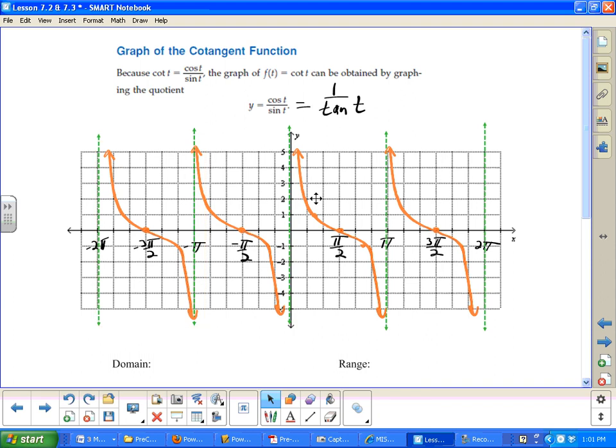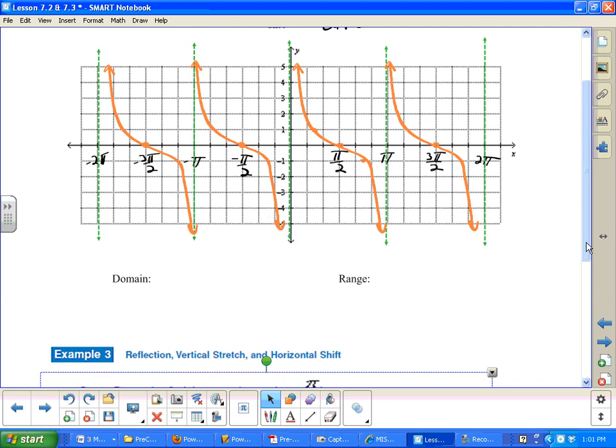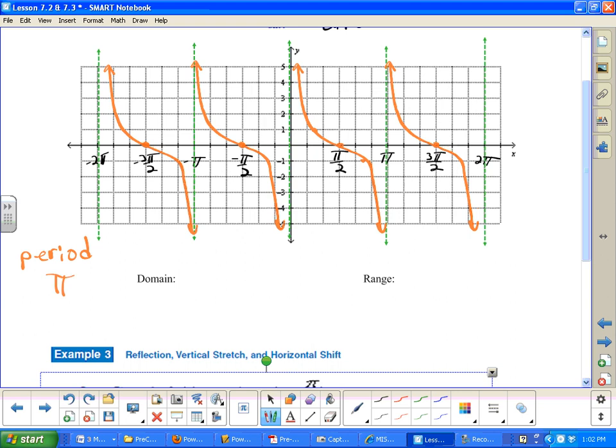Okay. So there's our graph of cotangent. So the period for cotangent would be what? Pi, just like tangent, the period is pi.